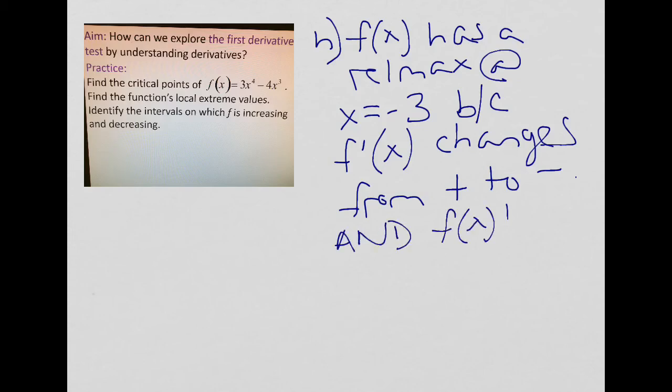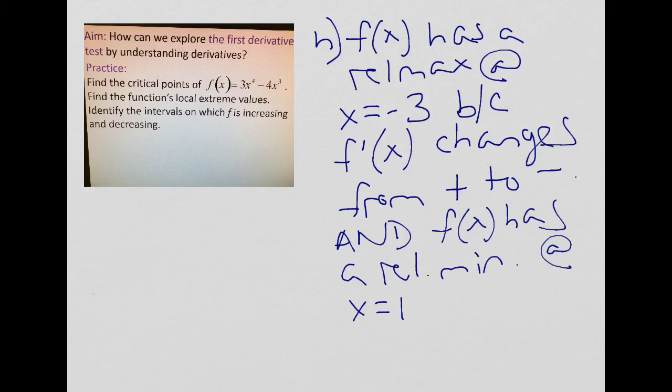f of x has a relative minimum at x equals 1. Please don't write it instead of f of x because people are not going to know what you're talking about. You need to state it's f of x, not f prime of x or g prime of x or anything else.